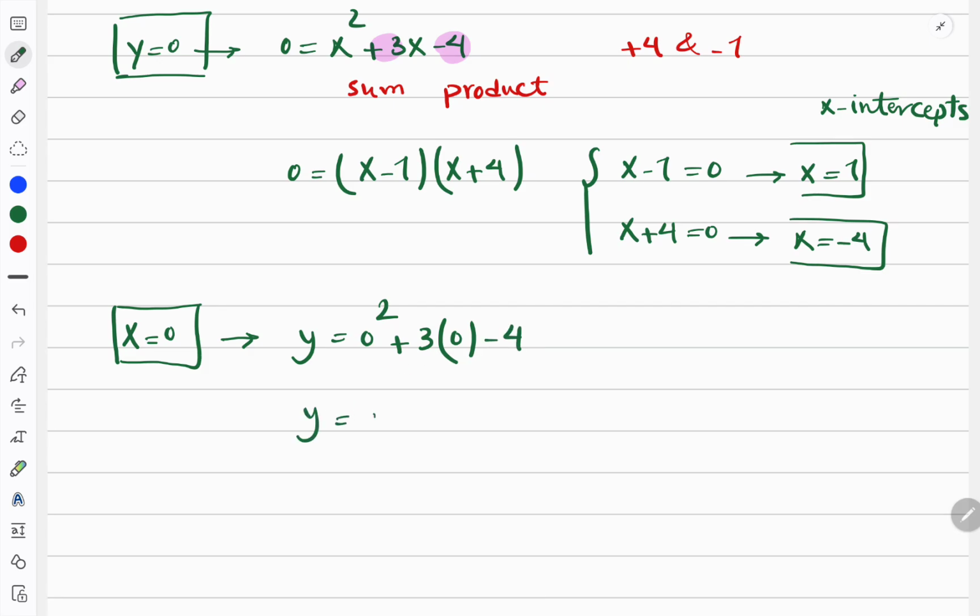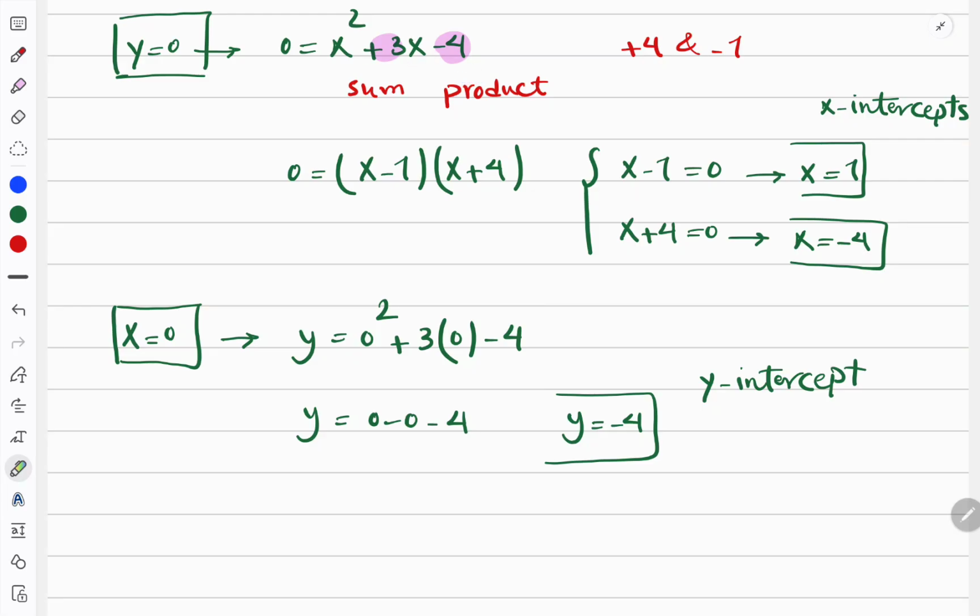So y is negative 4. And this is the y-intercept. The point lies on the y-axis. Now you can see that y equals negative 4 is the y-intercept, which is here, negative 4, the constant in this equation.